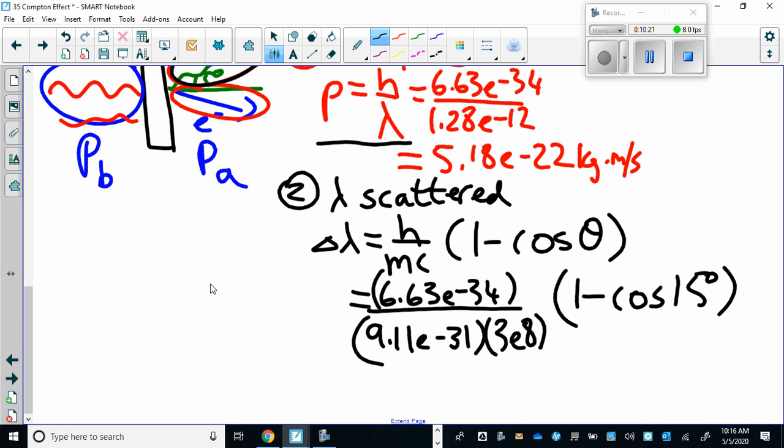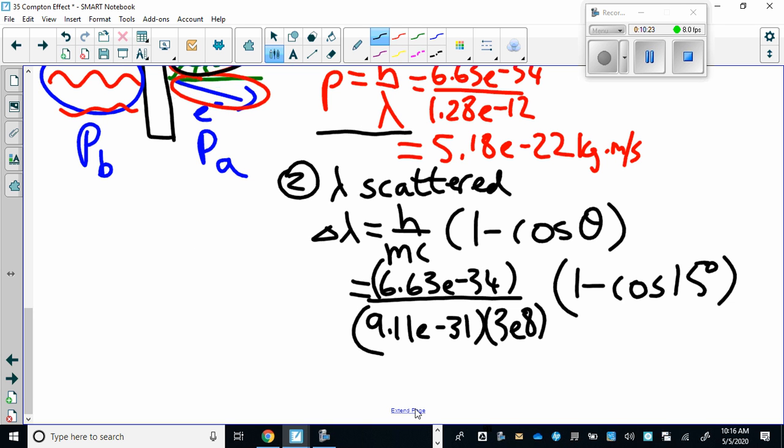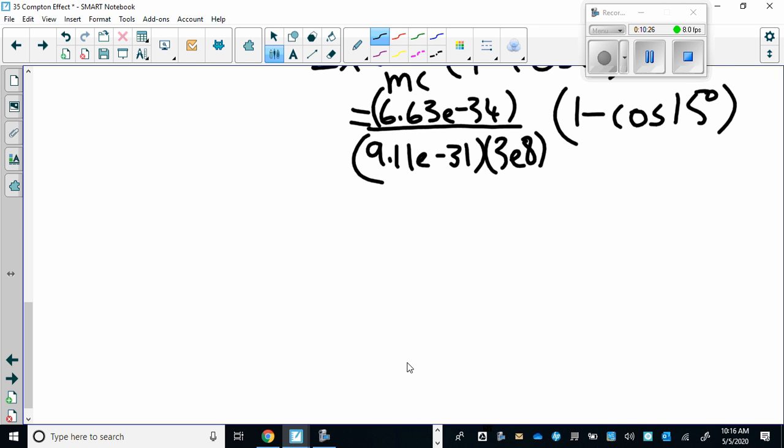And if we plug all that into our calculator, we end up getting 8.266 times 10 to the negative 14 meters. And remember, that is delta lambda. That is the change in wavelength.